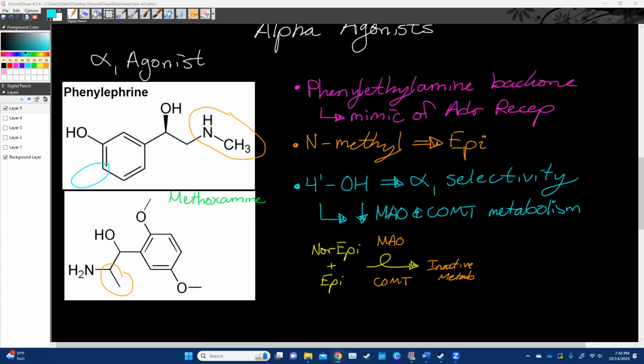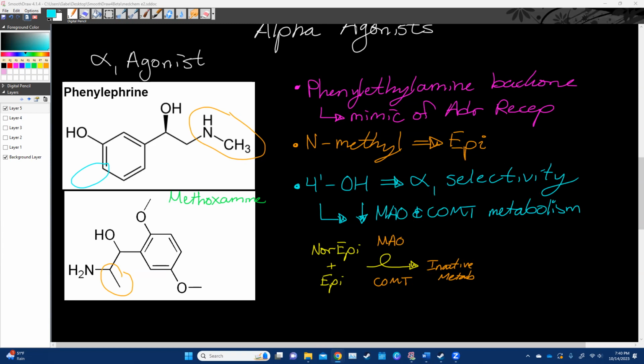Wait, so if we don't have that fourth position OH, that decreases the likeliness of the structure going through MAO and COMT? Exactly. So two effects. The first effect is alpha 1 selectivity. The second is MAO and COMT decrease their metabolism.